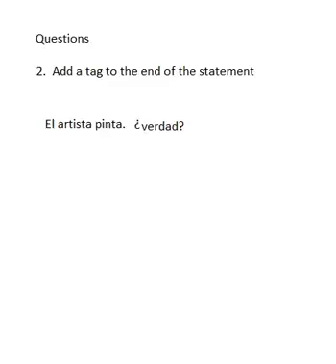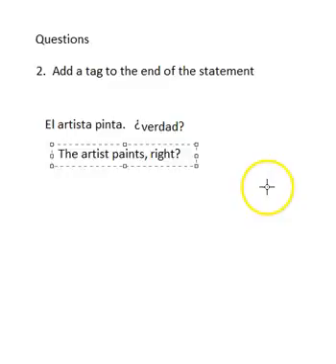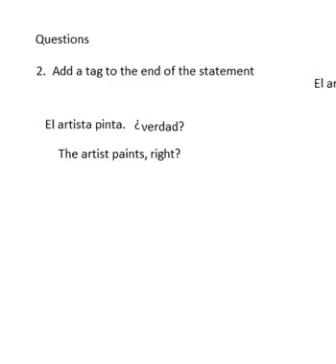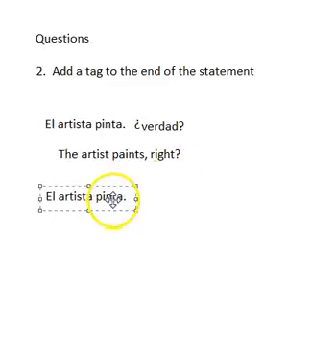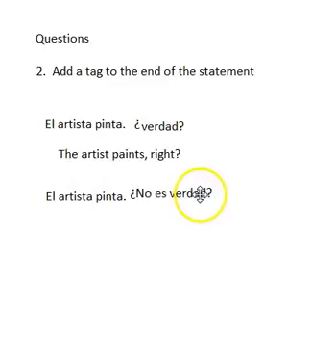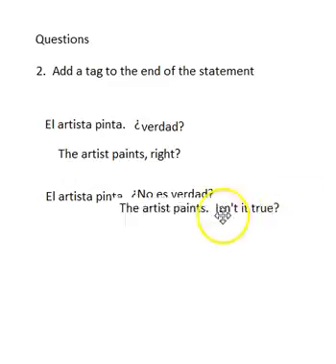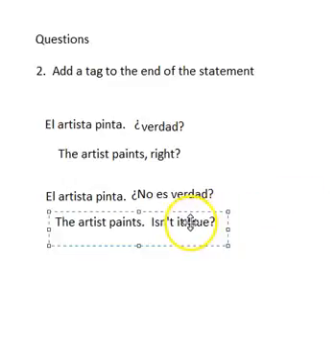That's one way. Or if we say el artista pinta and then tag on ¿no es verdad? Which means the artist paints, isn't it true?